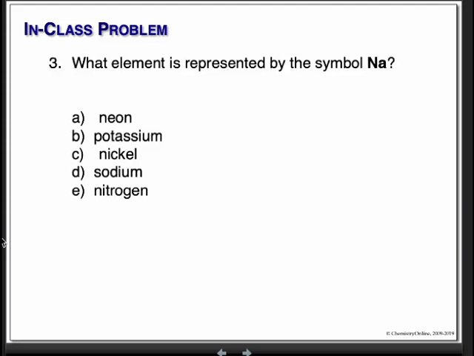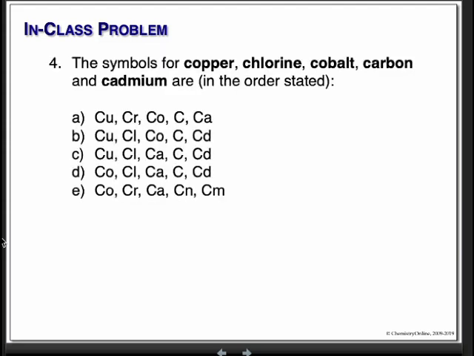That's your sodium. Copper, chlorine, cobalt, carbon, and cadmium, whatever that was. Copper, we said, was Cu, so we're down to these three right here. Chlorine is Cl, we're down to these two. Cobalt, we said, was Co, carbon is C, and cadmium is Cd.